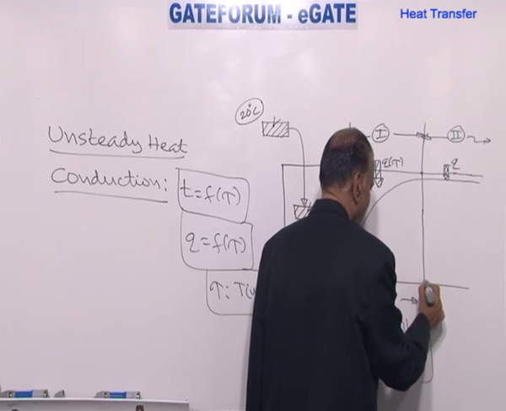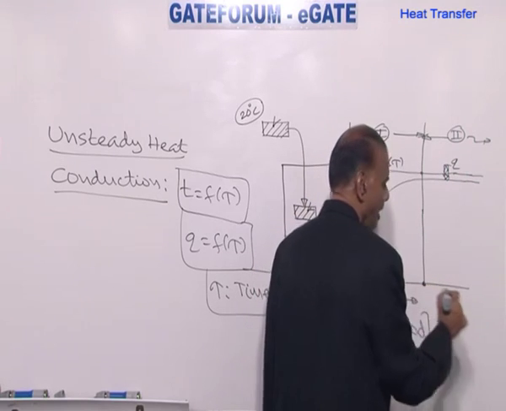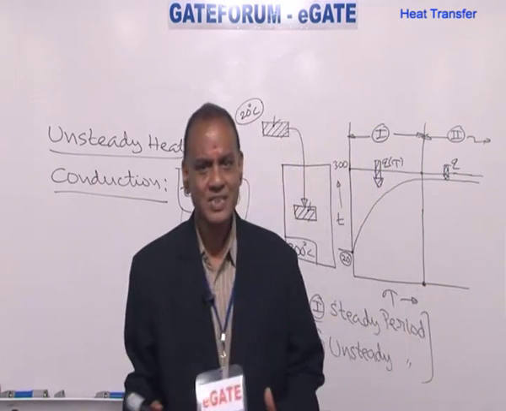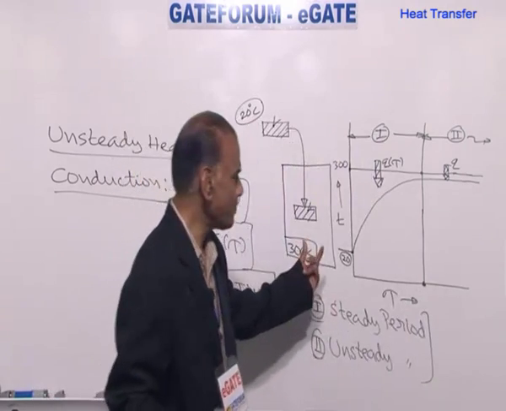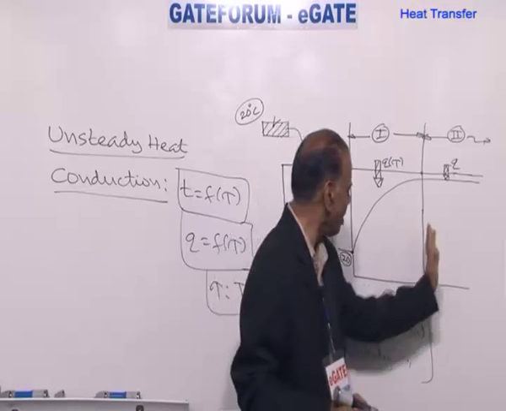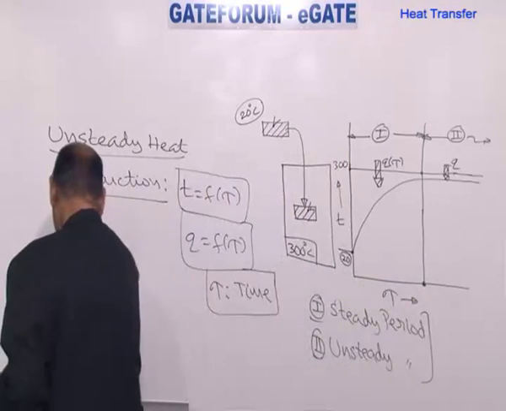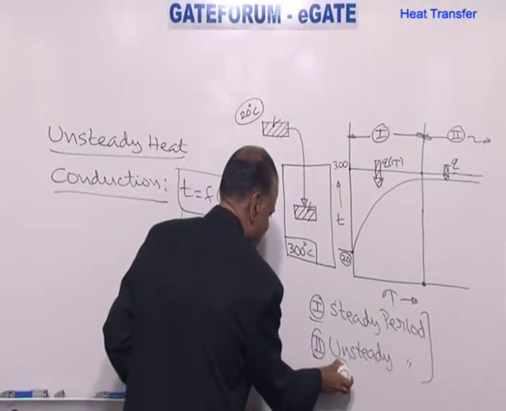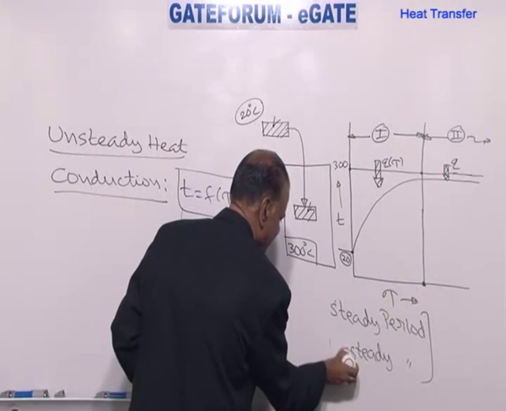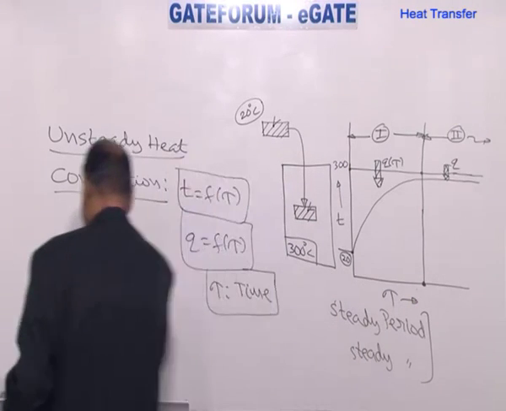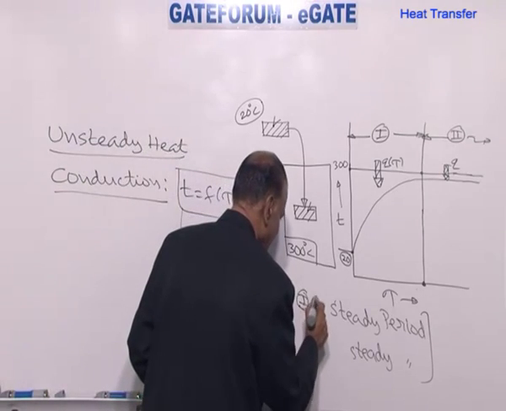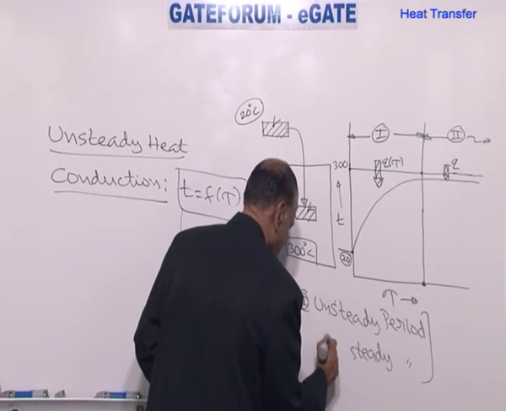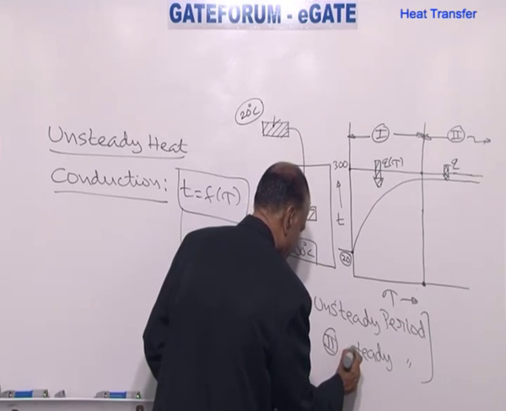Then comes the question, how long we have to wait? It may depend upon the type of system. That's why in the beginning we said that for a system to be steady, it must be in the given environment for longer periods of time. Please note that zone 1 is unsteady period, zone 2 is steady period.